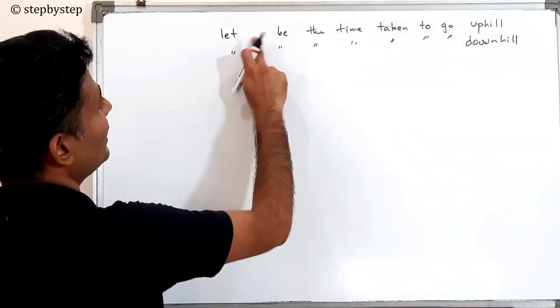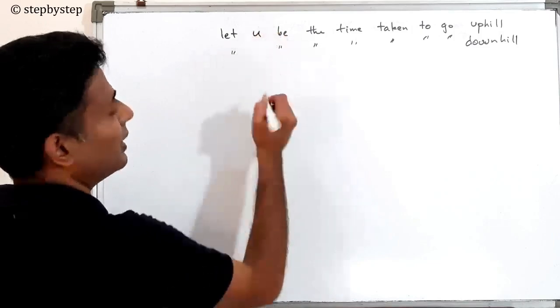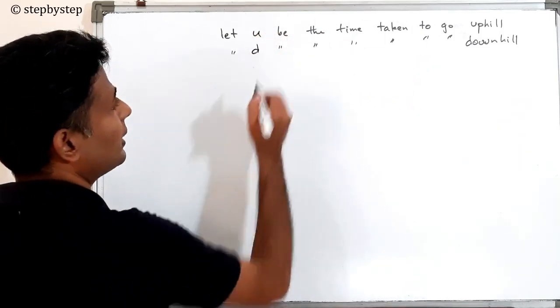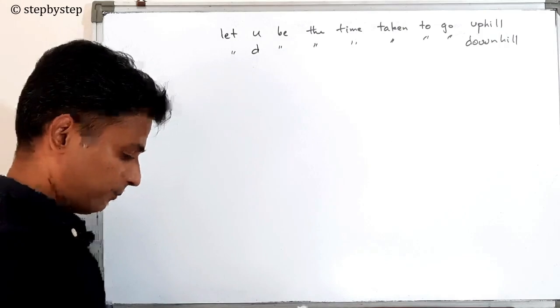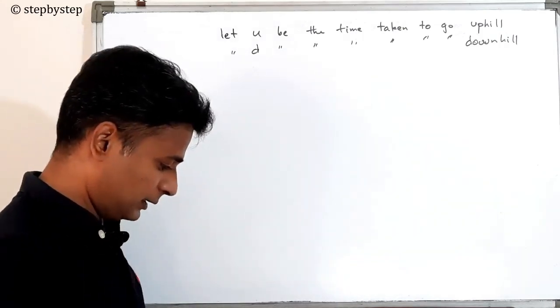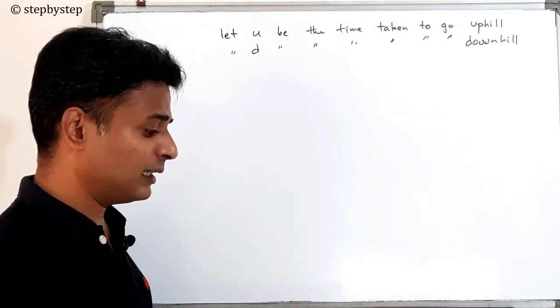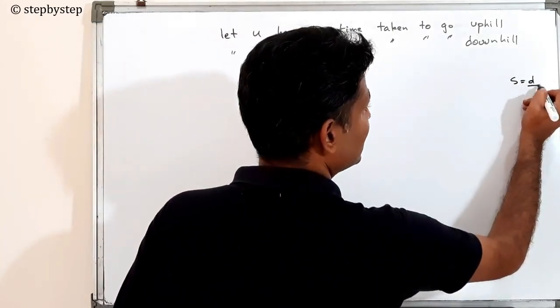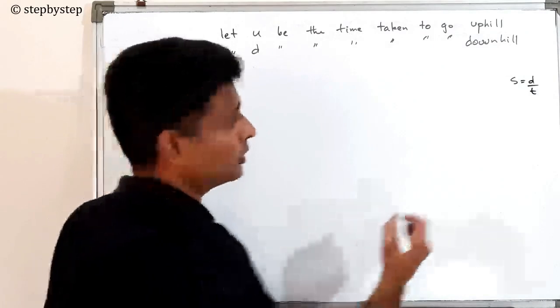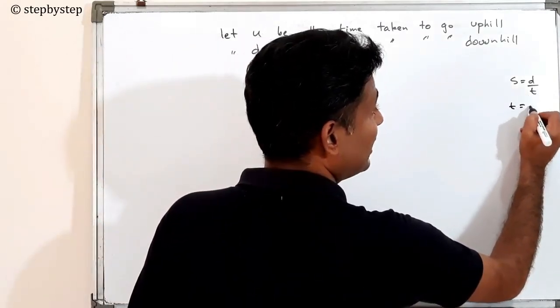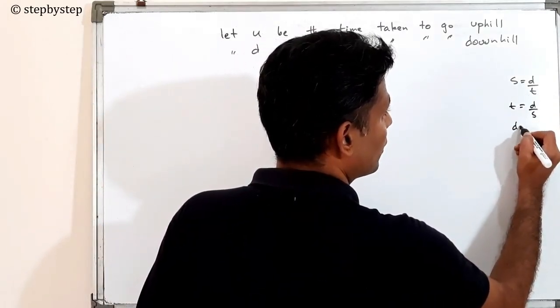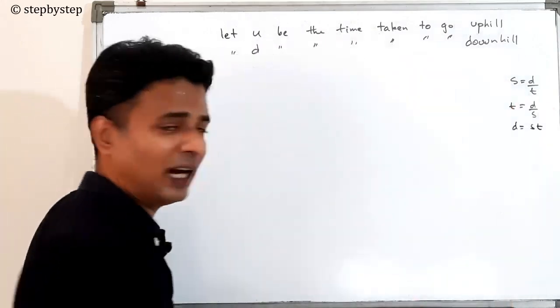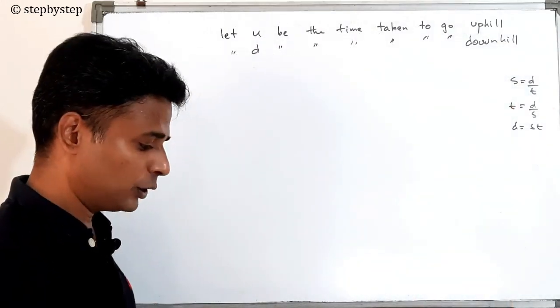Or actually we can take it as U and D. Let U be the time taken to go uphill and let D be the time taken to go downhill. Now they have given us a car goes uphill at 30 km per hour. So this is speed equal to distance by time. We have to use this formula, either this or T equal to D by S or D equal to ST. One of these we will have to use. Now we'll find out which to use.